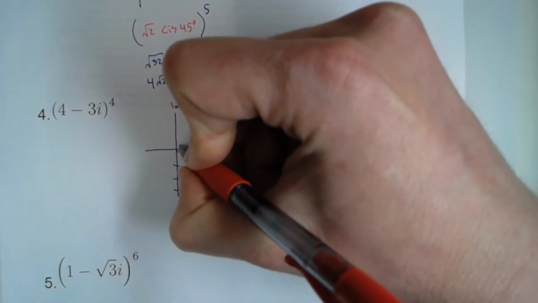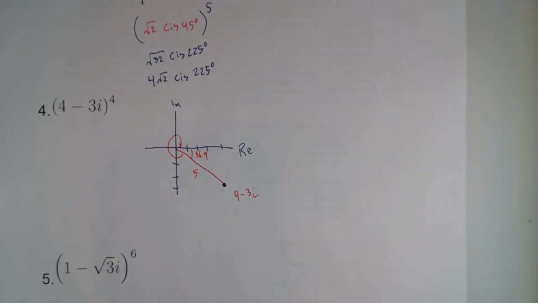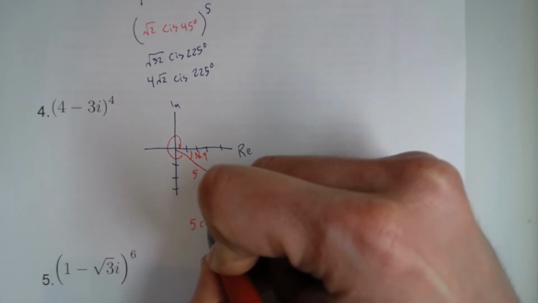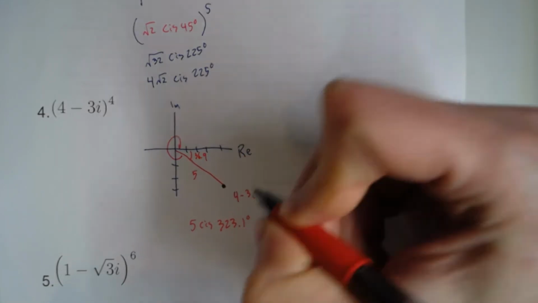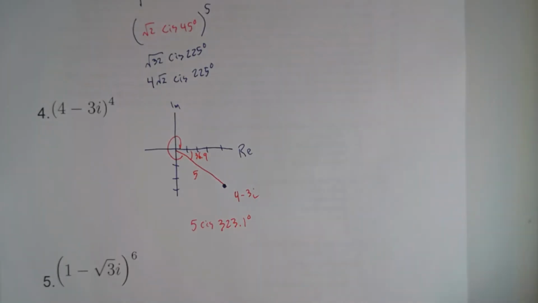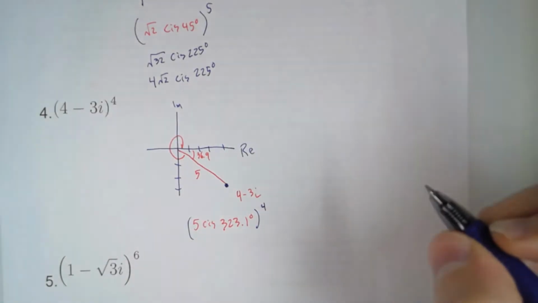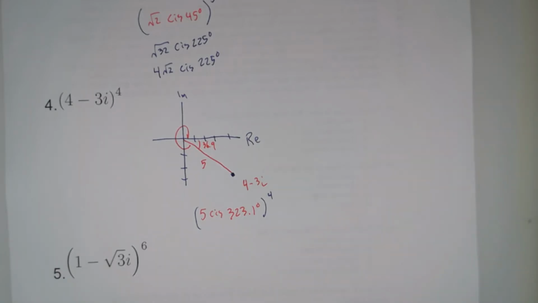But that's not what I want. I want the angle from here. So when I subtract that from 360, I get 323.1 degrees. Now I'm still raising this to the 4th power. So I need to take 5, raise that to the 4th power, and then take 323 times 4.